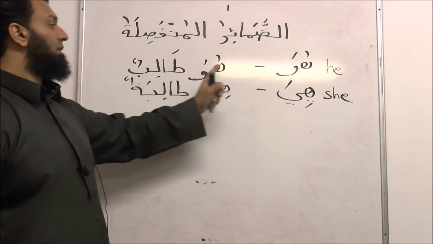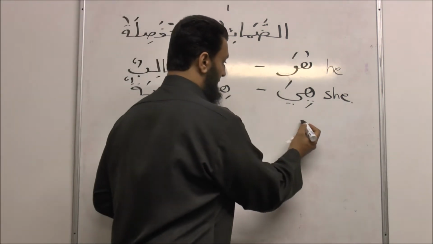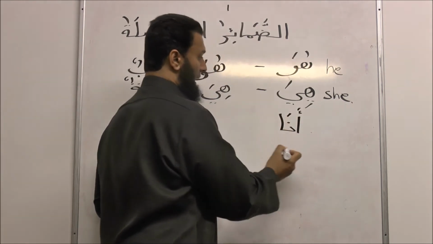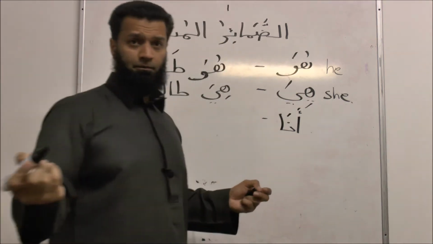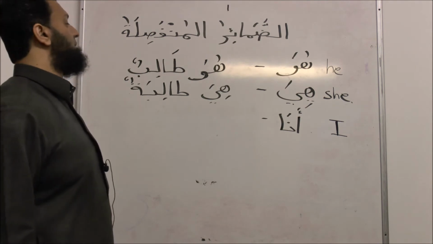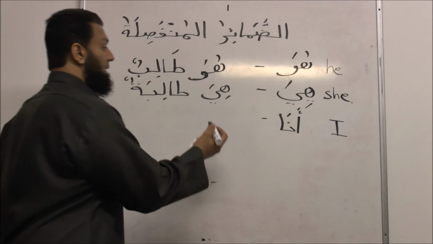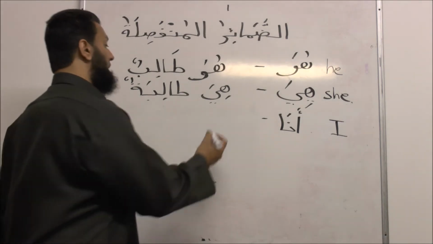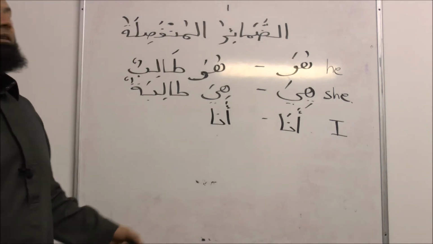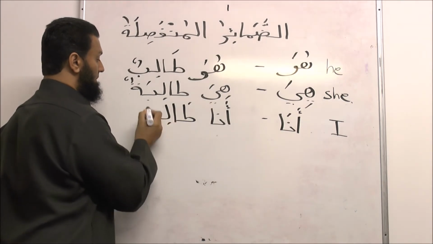So we have huwa talibun, hiya talibatun. Then the other one that we want to mention is ana, which is me, or I. So if we want to say I am a student, if you're male, you're going to say ana talibun.